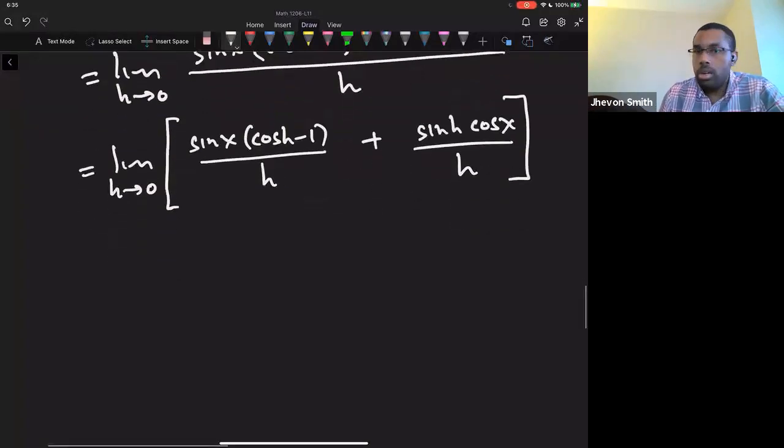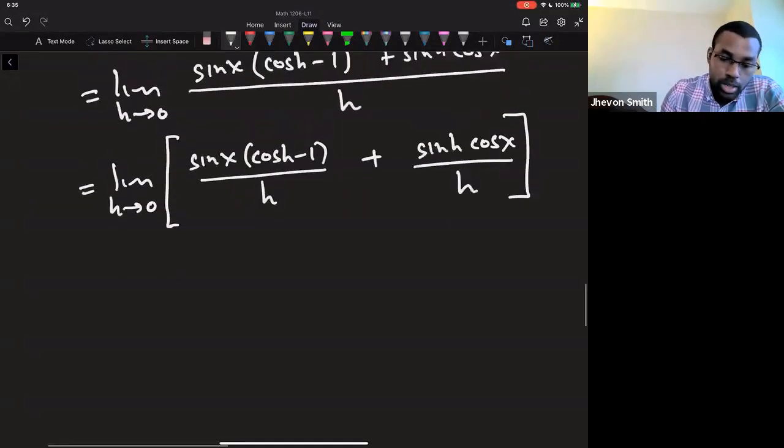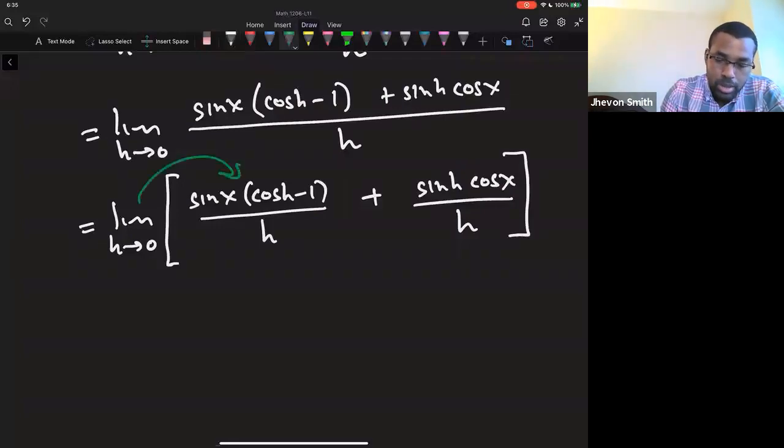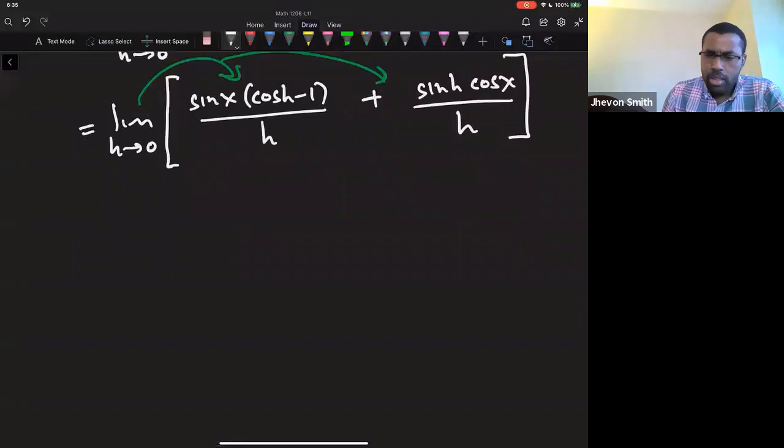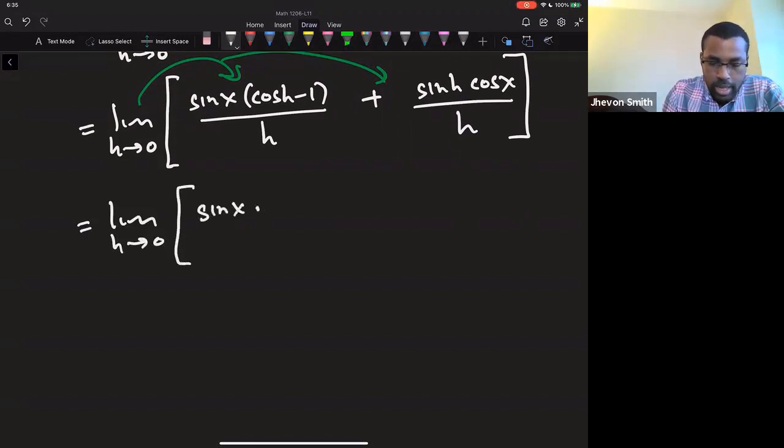And now we can take each of these limits individually because we know that limits distribute across sums. So that's what we're going to do. I'm going to be very suggestive here. Notice that the first one can be written as sine of x times cosine h minus 1 over h, plus here I could factor off a cosine, and I can have sine h over h.